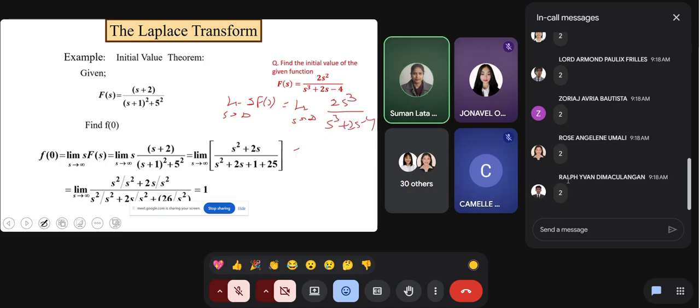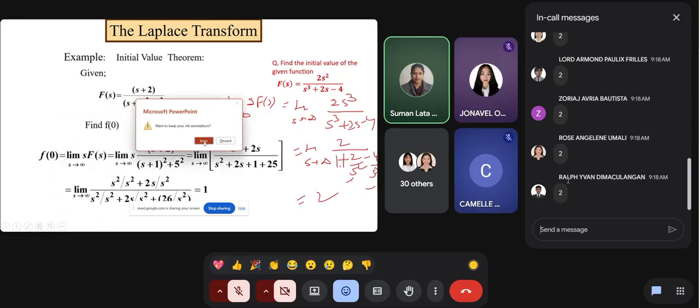If you divide by s cube, as s tends to infinite, s cube will be removed: 2 upon 1 plus 2 by s square, because 1s will be cancelled out, and 4 upon s cube. When you put s infinite here, this will become 0, this will also become 0. So the final answer will be 2. So your answer is absolutely correct.